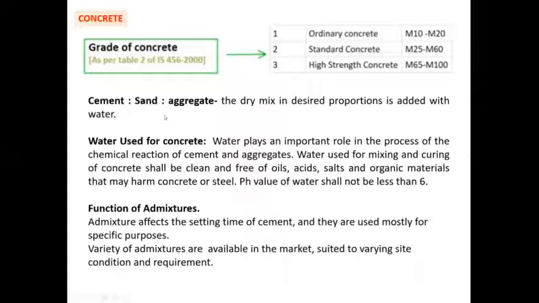Water for concrete is again a very important factor, where any water cannot be used for a concrete mix. The water that you are using has to be very clean. Okay. Now this water plays a very important role in the chemical reaction with cement and water.